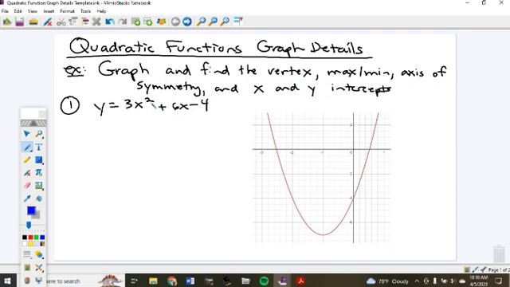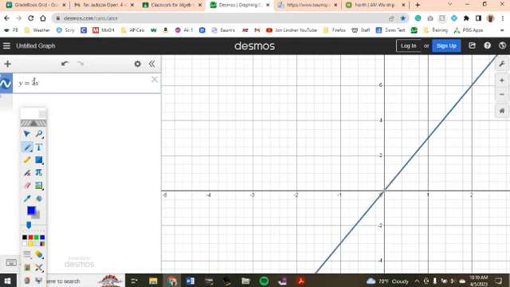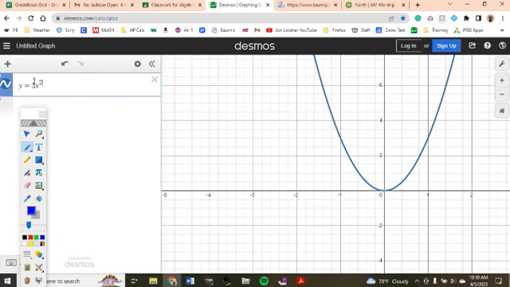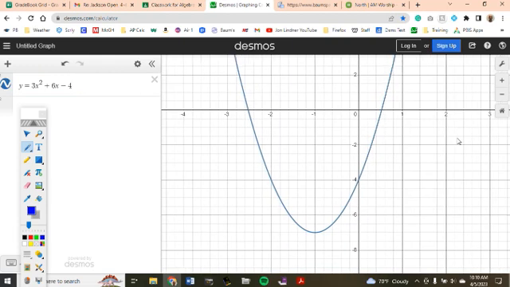We just need to know how to find it and find out what it is. So let's put this function right here into Desmos first. Y equals 3x squared plus 6x minus 4. Use the caret symbol for squared.